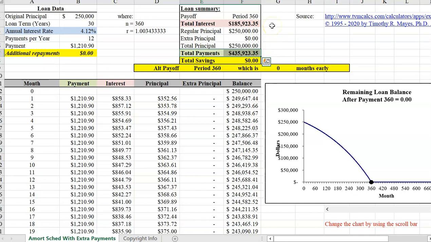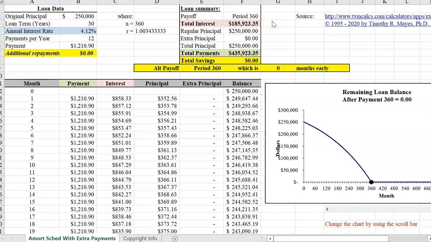So you can see that over that 30-year period, we've paid back the bank $185,923.35 in interest. So that's more than half of the loan we've paid back on top of what we've borrowed to the bank.